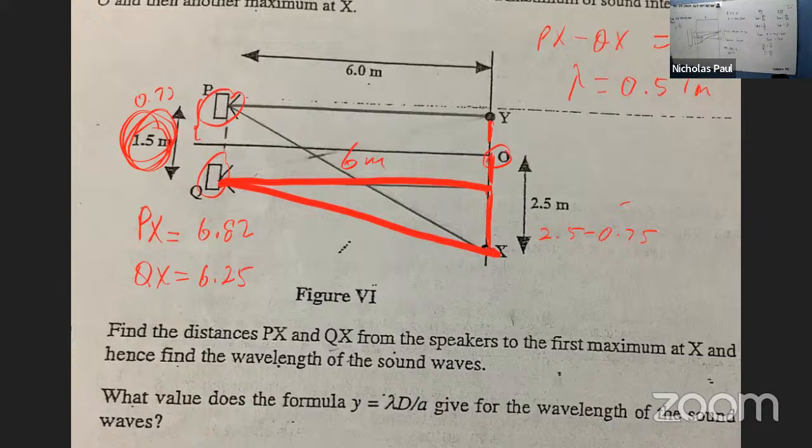It won't be bright, it'll be loud in this case. So please remember the path difference at the first bright will be lambda.